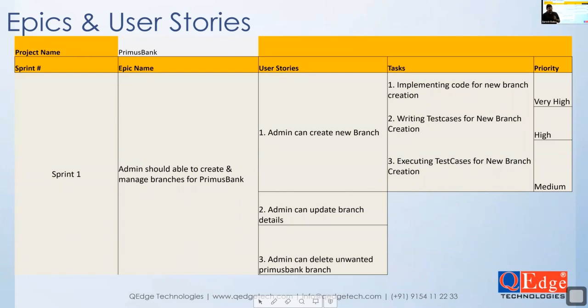If they change one branch location from one building to another, or the contact number or email ID changes, admin should be able to update the branch details. If they close a branch at some location, admin should be able to delete unwanted branches. Finally, the requirement is that administrators should be able to create and manage branches of the Primus Bank. That is one major business requirement. It is called one epic.